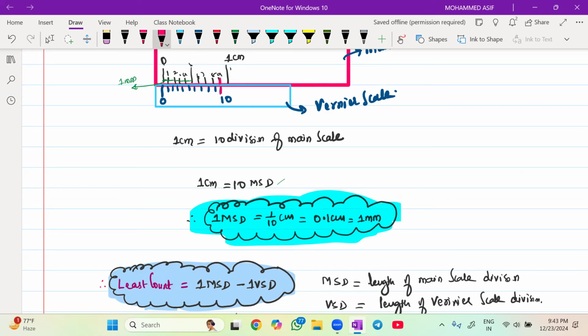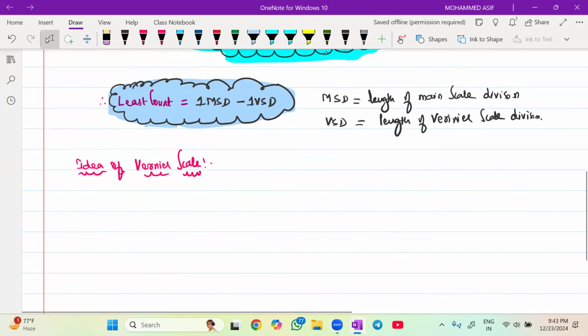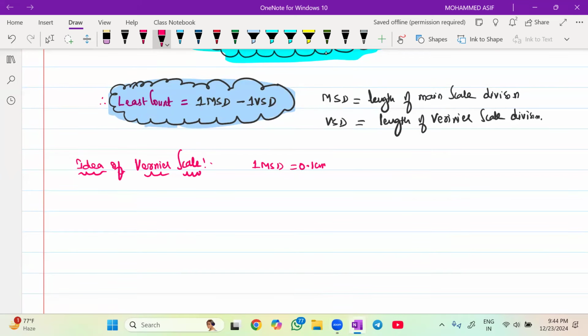Are you able to see it? 10 Vernier scale divisions are matching with your 9 main scale divisions. That means 1 MSD is equal to 1 main scale division, which is 0.1 centimeter.